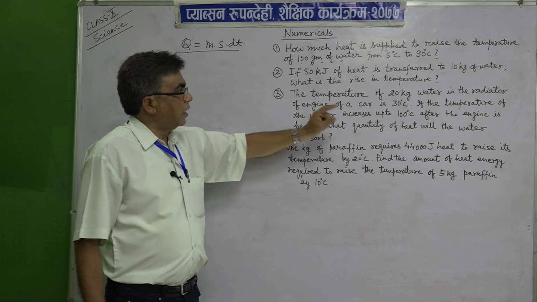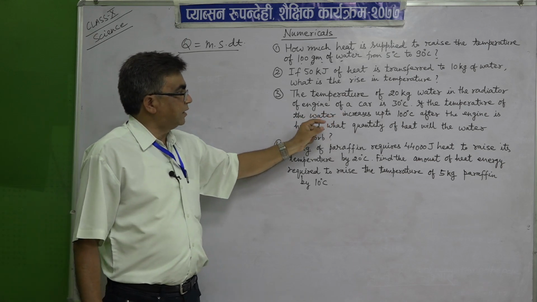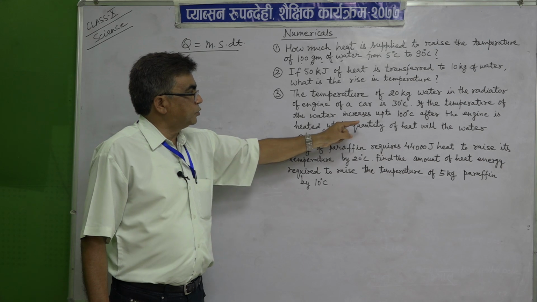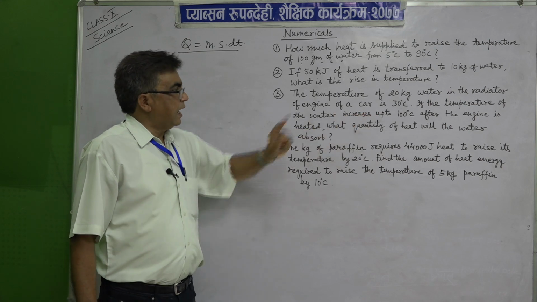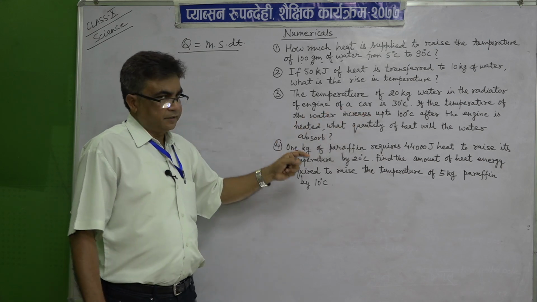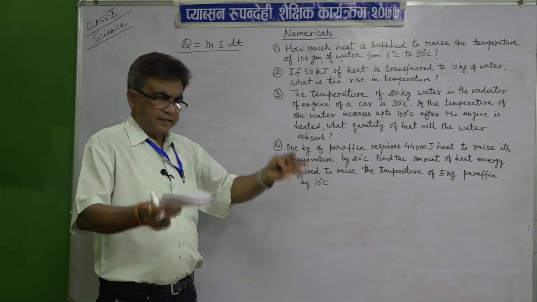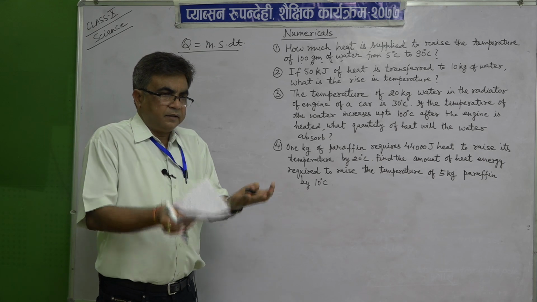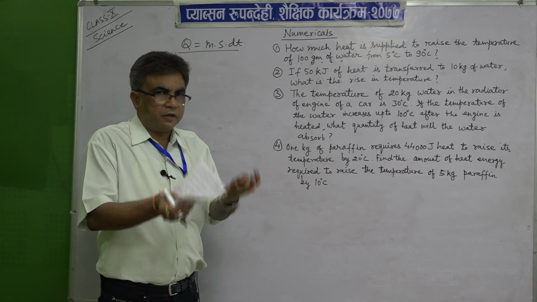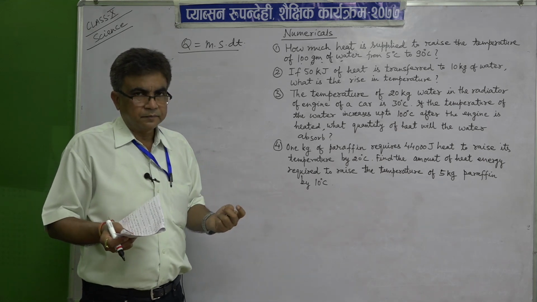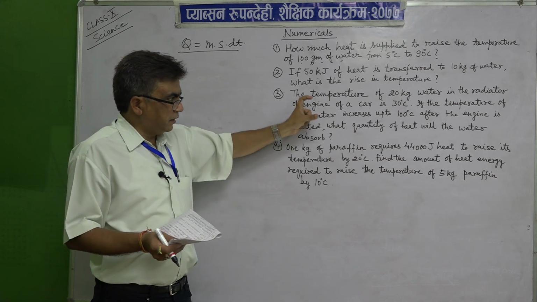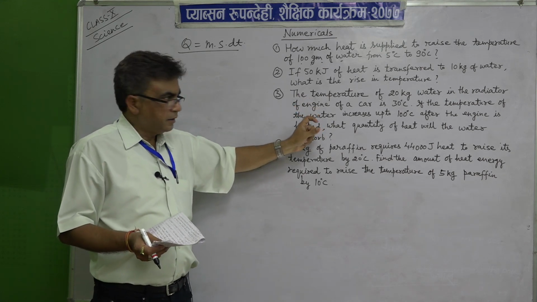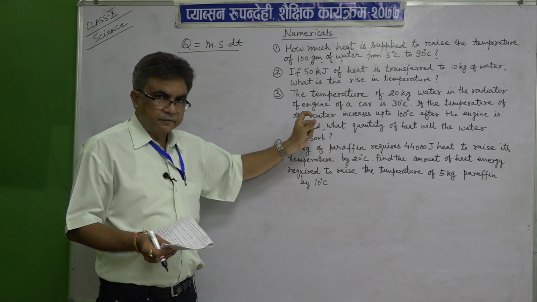Now, if the temperature of the water increases up to 100 degree centigrade after the engine is heated, if the car is running, definitely the engine will get heated, and after some time the temperature of the water in the radiator will also increase. Is it clear or not? The question seems lengthy, but it is very simple.